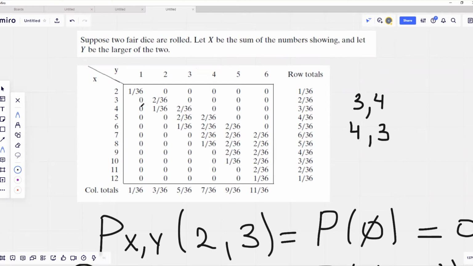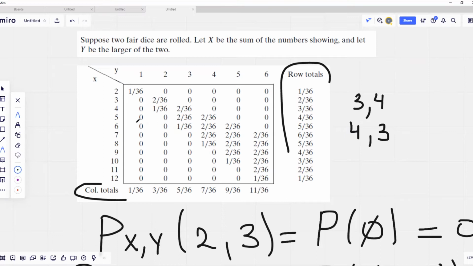All right, so our PDF is summarized here. Now let's pay attention to the row totals and column totals represented here. The row totals here represent the PDF for the individual random variable x.